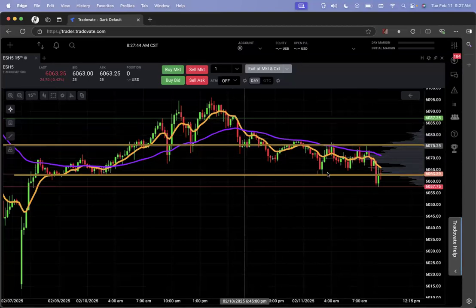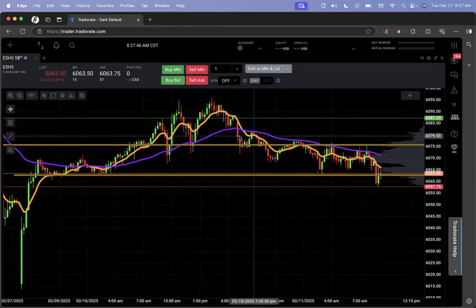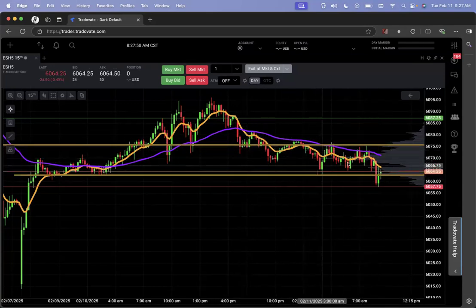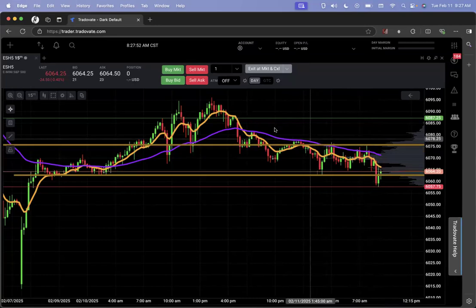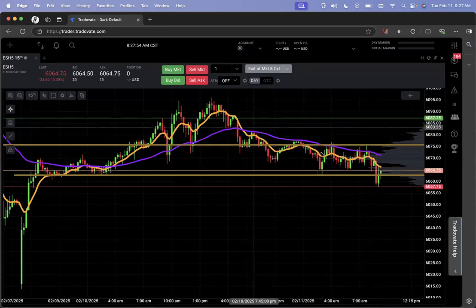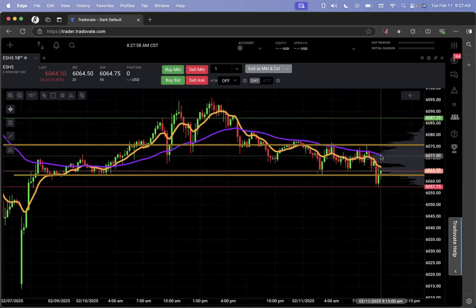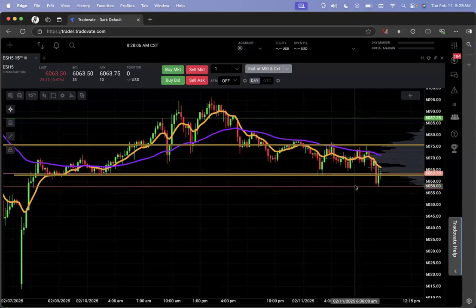So pretty much all of after hours trading from yesterday and pre-market trading from today, we have been below the 50 EMA, which means we're trending low. So in order for us to really believe in the upside, we're going to have to get above this 50 EMA. Right now the 50 EMA is at 60 70.